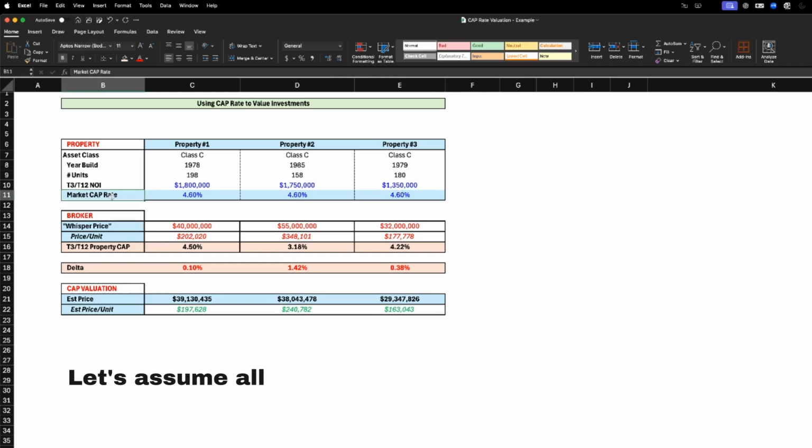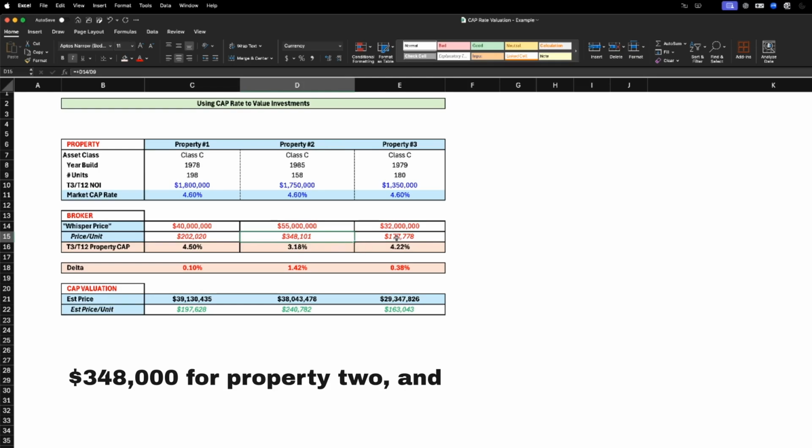Let's assume all 3 properties are located in the same area. The market cap rate for Class C buildings in that area is currently 4.6%. We talked to the broker and the whisper price for property 1 is 40 million, property 2 is 55 million, and property 3 is 32 million. On a price per unit, that's $202,000 for property 1, $348,000 for property 2, and $177,000 for property 3.